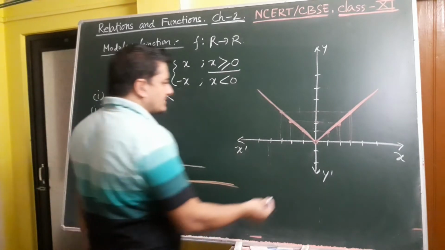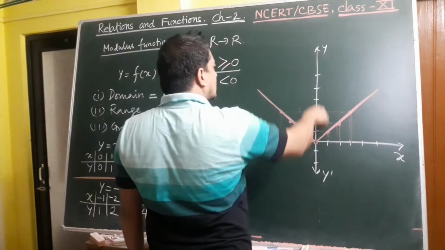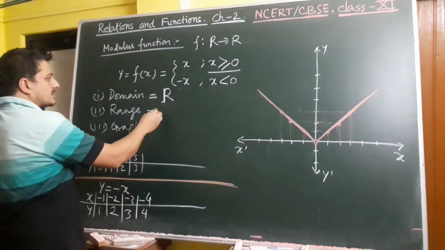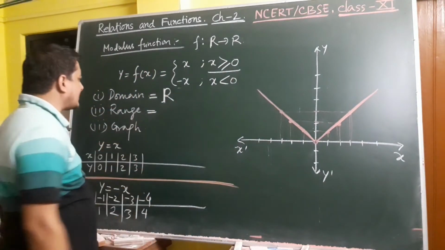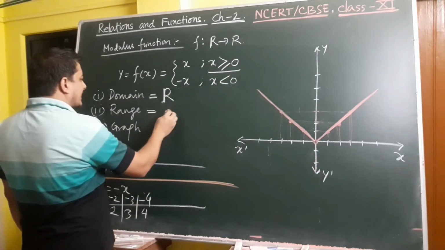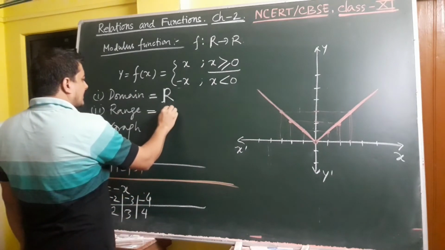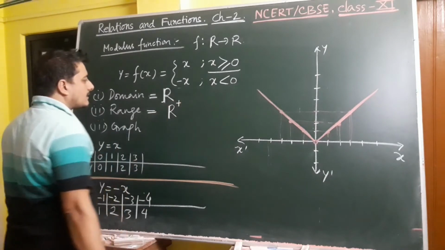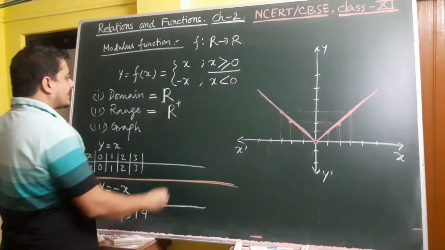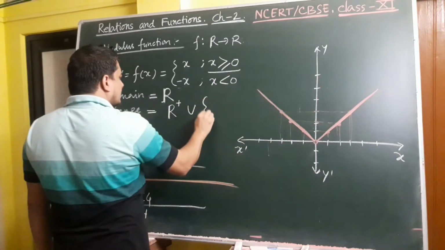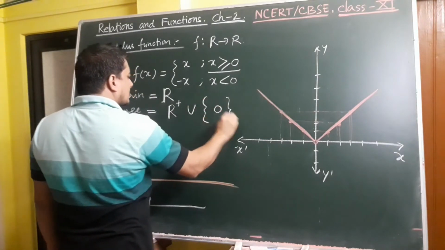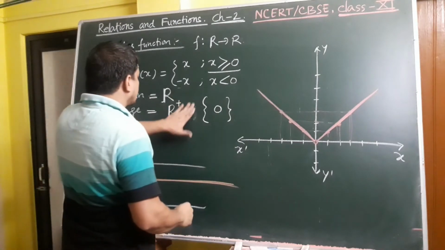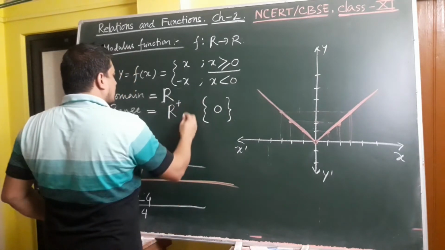The range is from 0 to all the positive numbers, so these are all non-negative numbers. You can write it as R plus union with 0. Write it a bit carefully.